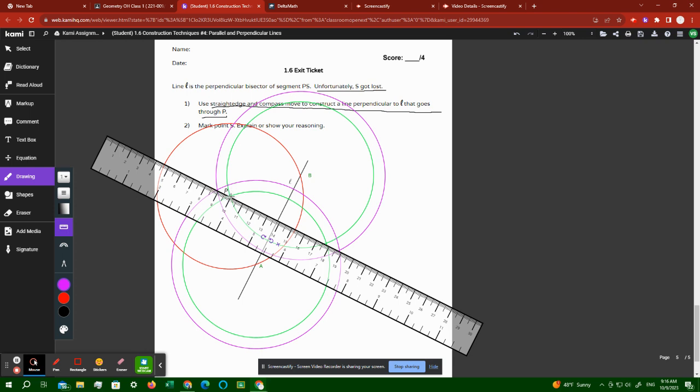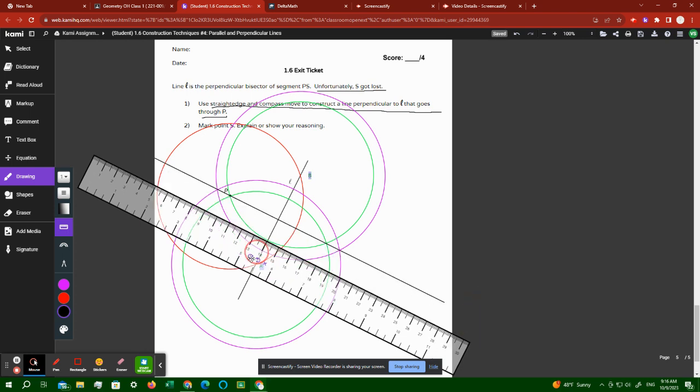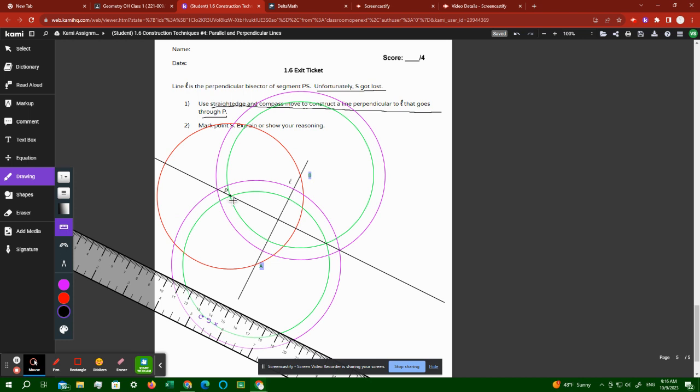So I just happened to put it exactly on that point there, and it's not always going to happen that way. So that is your line PS, right? So it just happened that I got this intersection right here that is the same distance from this distance here.